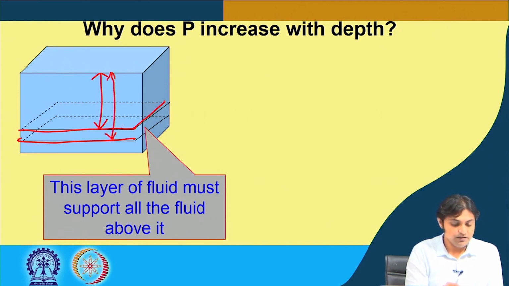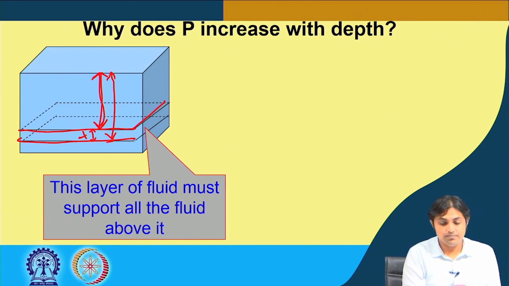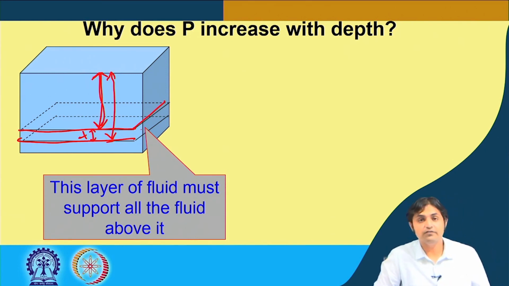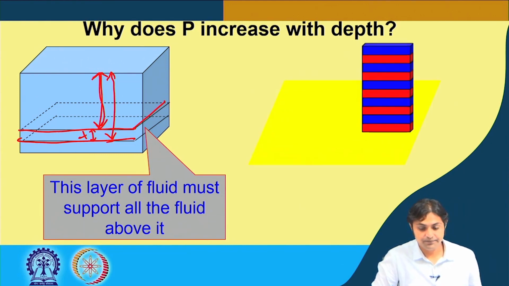So this layer will have to support this much plus this much. This is how you can understand why pressure increases with depth. This layer of fluid must support all the fluid that is above it.